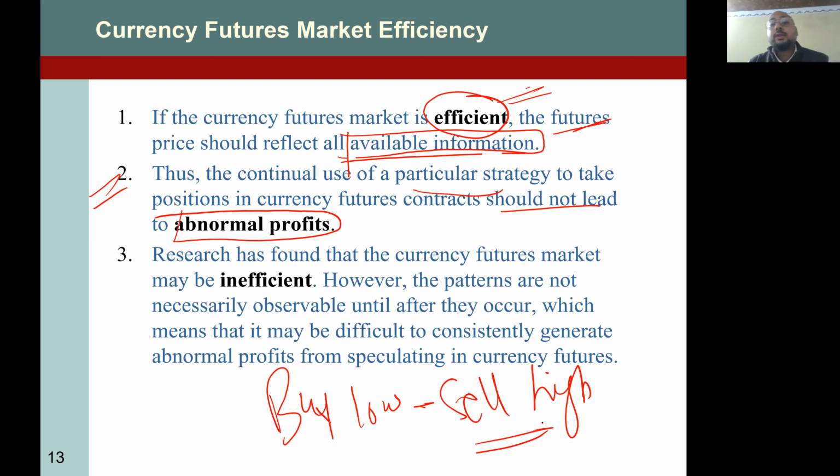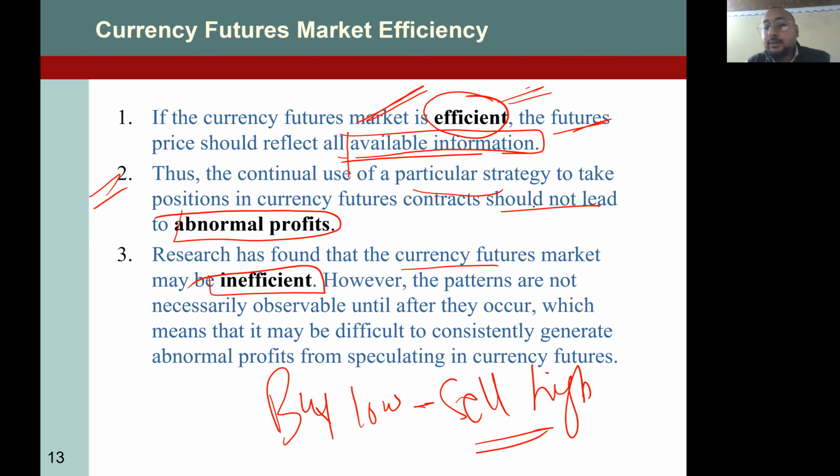All right. So researchers have found that the currency future market may be inefficient. Not all the time is the future market efficient. There are some times in which these profit making or speculation strategies are going to benefit you, so you start making this profit.